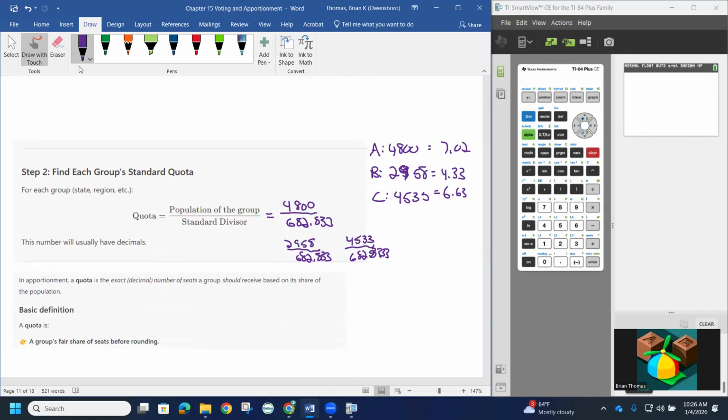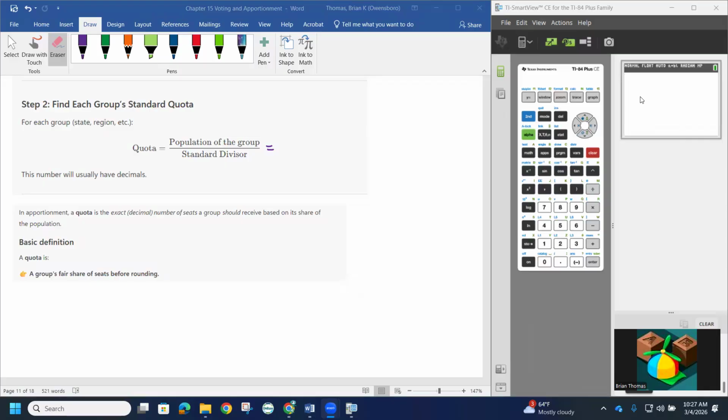Whoops, let me pause for a second here, get some of this math off here. Once we get the standard divisor, we find each group's standard quota. This begins apportioning how many seats each state gets.